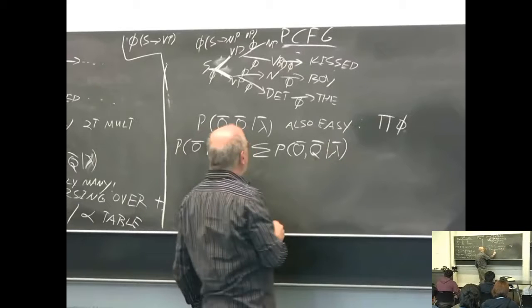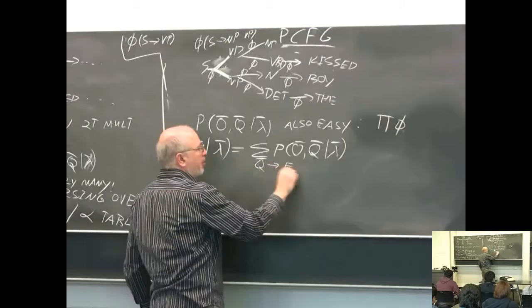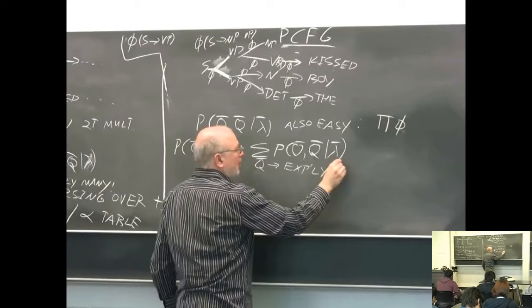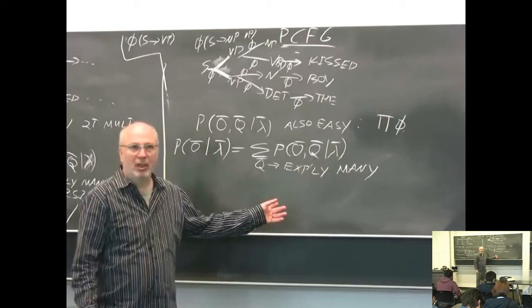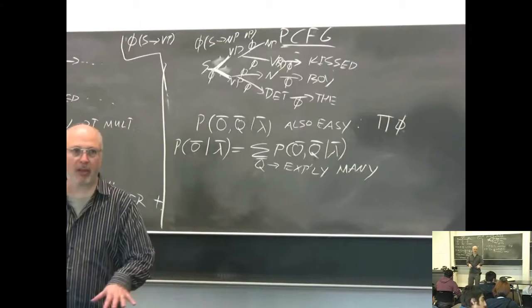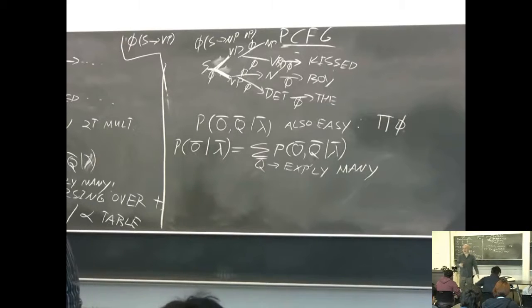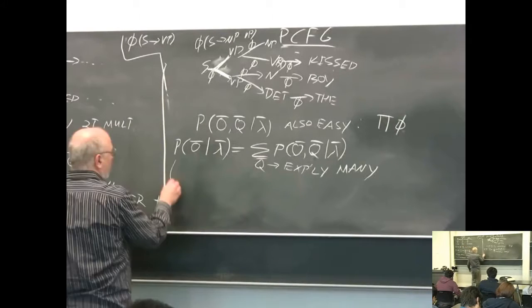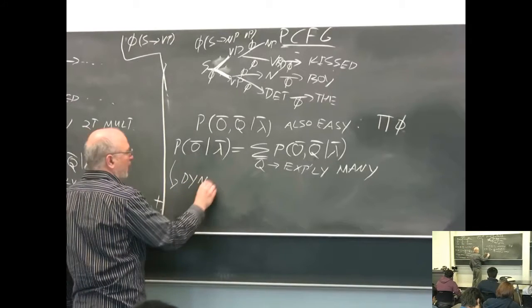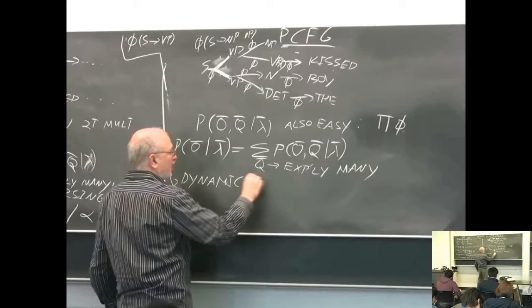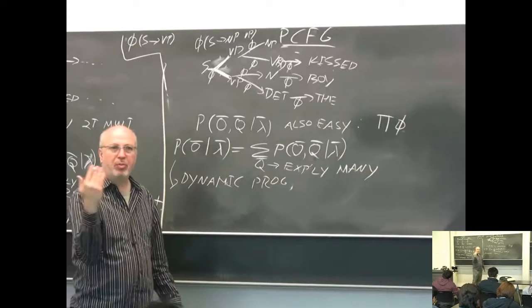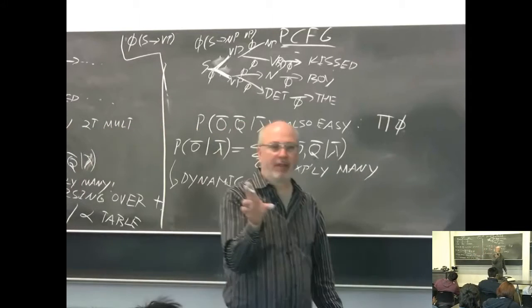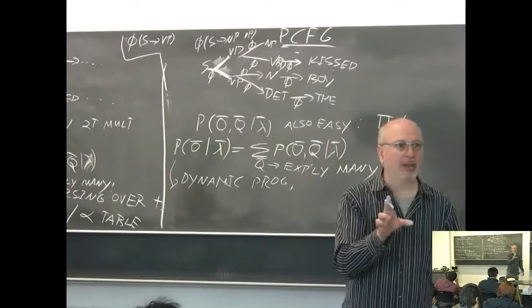And, not surprisingly, there are exponentially many. One could even argue that it's a larger exponent. The number of possible trees is maybe larger than the number of possible hidden sequences. The solution, in the same way, is a dynamic programming solution, where the recursion is now not on the position t, but on the length of the fragments that are accounted for.